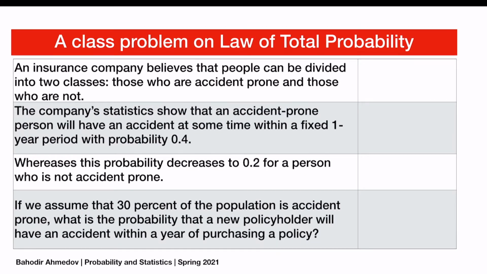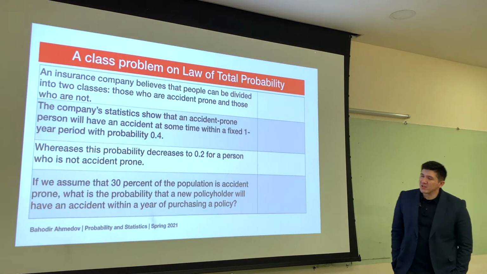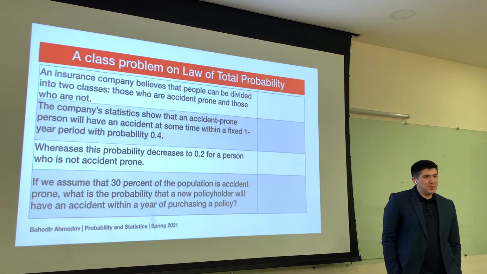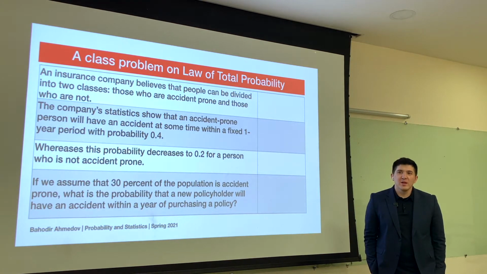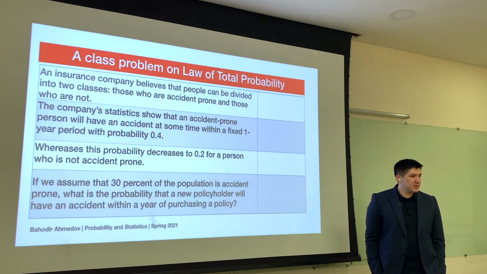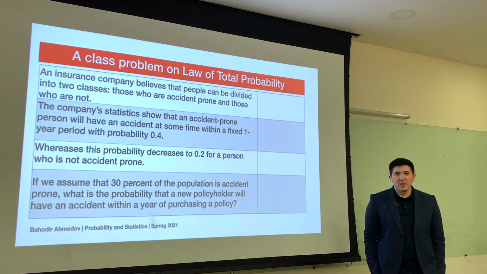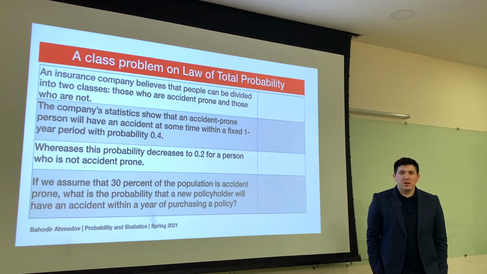This is a very realistic problem. In an insurance company, people consider all of the persons in two categories: an accident-prone person or not. Accident-prone means a person who tends to have an accident.